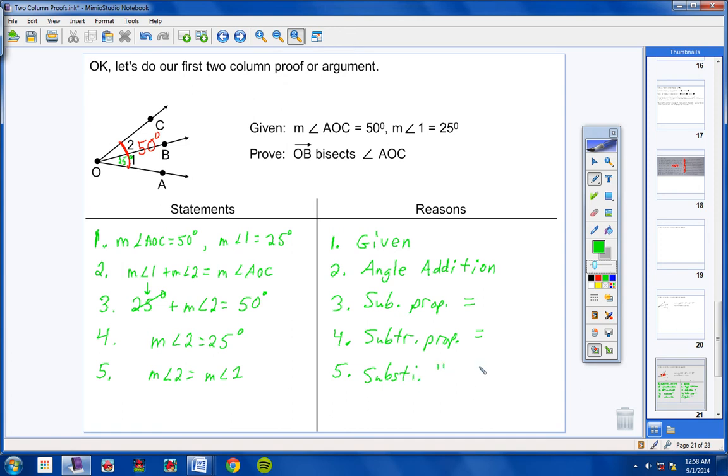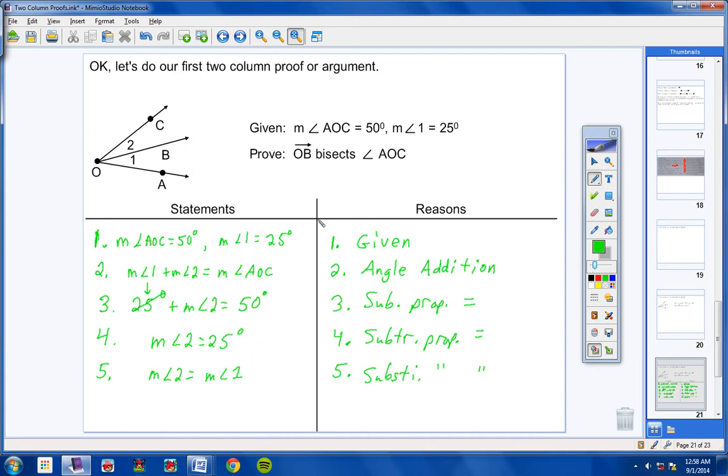Now look, students, you're like, oh, Mr. Earhart, you did it. You stated that angle 1 equals angle 2, didn't I, right here? Yes, I did. But hold it, we still cannot say that OB bisects this entire angle. I know it gets really annoying in geometry. There's a lot of little things you've got to remember.